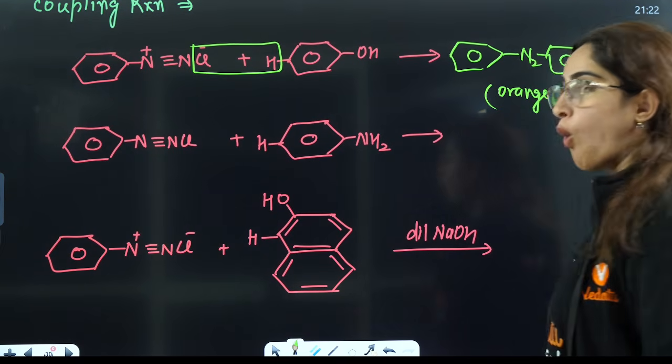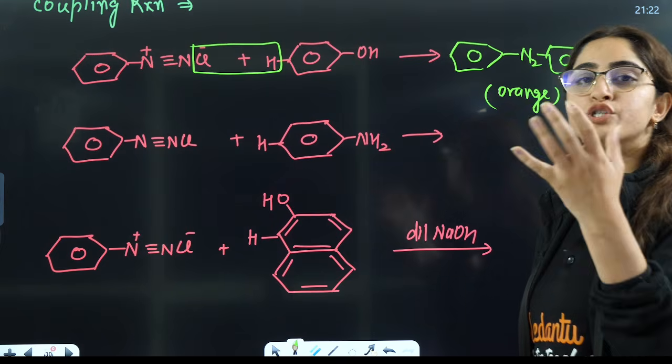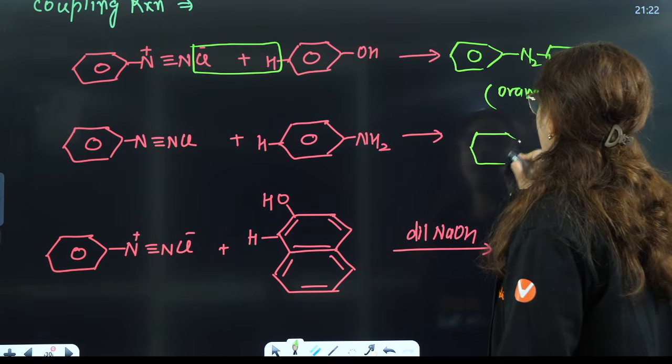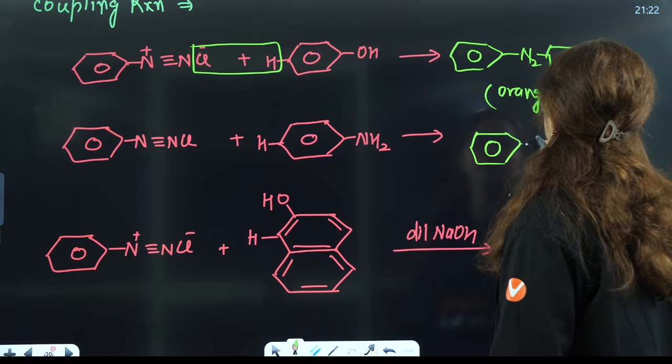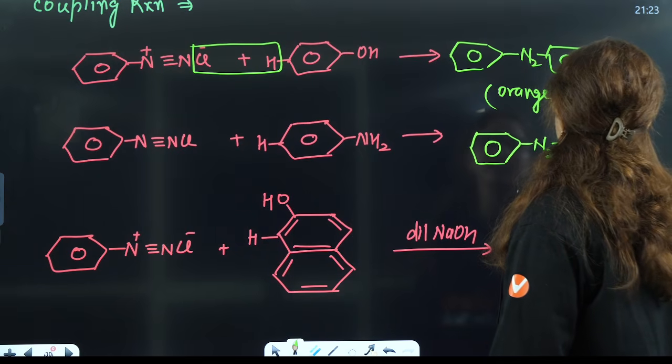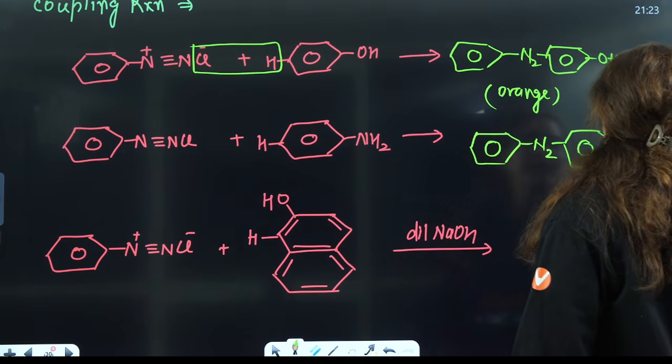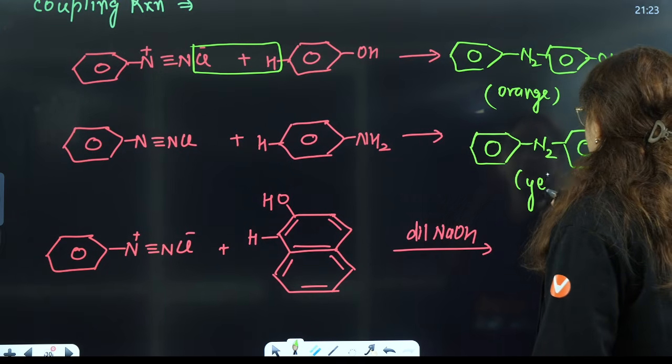In case of phenol, it is orange, right? Okay. So now here what you have, this is N2, right? And this is benzene and this is going to be NH2. That is a yellow color dye.